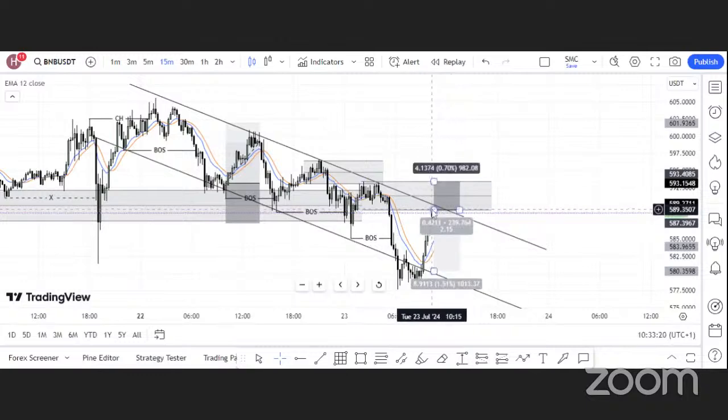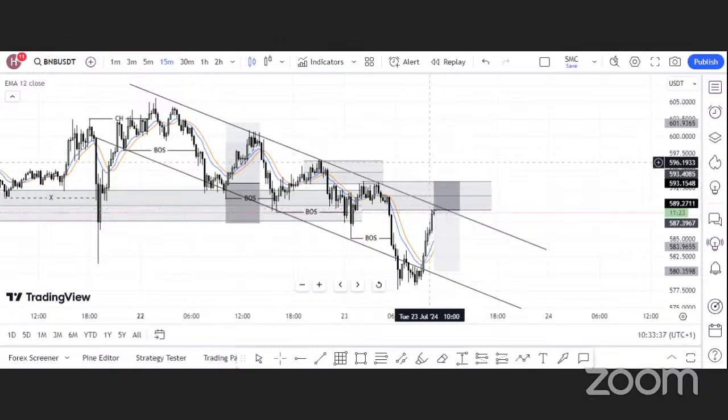You want to make sure that the market gives you a candlestick pattern that shows that the market is going to sell. When you get this, if you have the confirmation, you can go ahead and open your position.